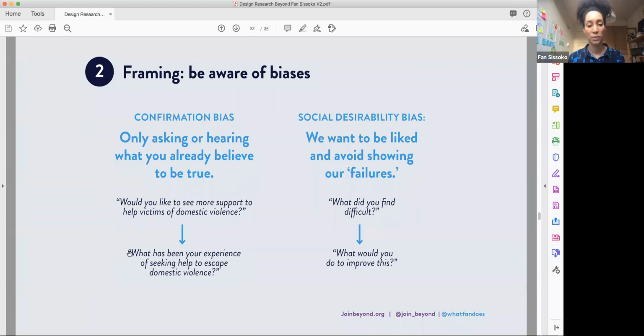But if you ask people what has been your experience of seeking help to escape domestic violence, for example, then you get an answer that's, first of all, a lot richer. You get a story as well as a kind of yes or no or opinion.